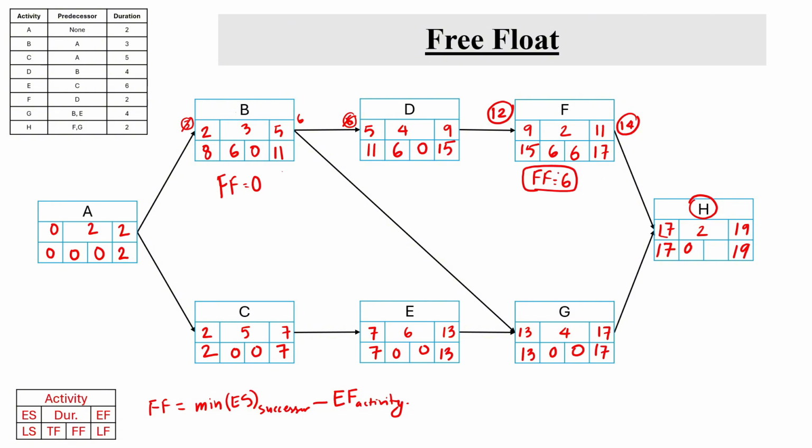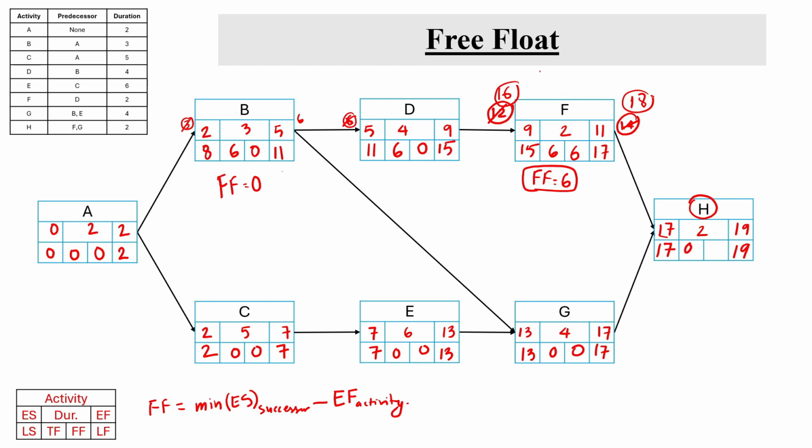So instead of 6 days, let's say this activity F is delayed by 7 days, then what's the start day? It's going to be 16, and then finish day of the activity F is going to be 16 plus 2, 18. So now we know that activity F only has free float of 6 days, but then this activity got delayed by 7 days.